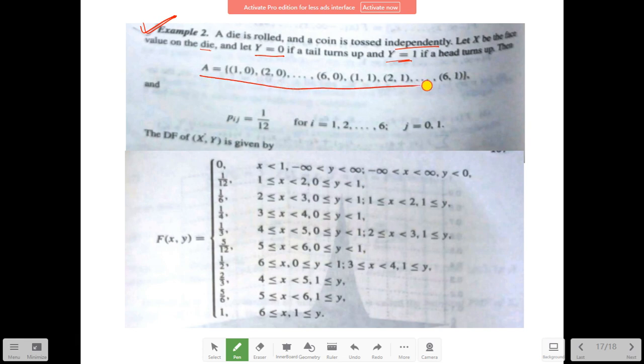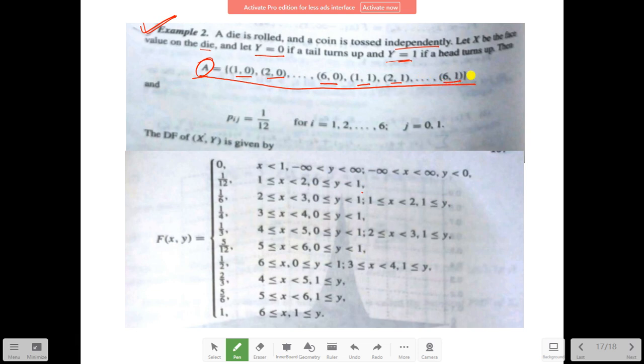the sample space, denoted by capital S, is equal to 1 comma 0, 2 comma 0, 3 comma 0, 4 comma 0, 5 comma 0, 6 comma 0, 1 comma 1, 2 comma 1, 3 comma 1, 4 comma 1, 5 comma 1, 6 comma 1.